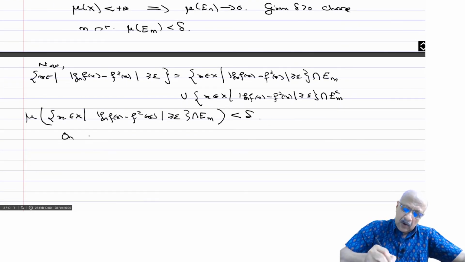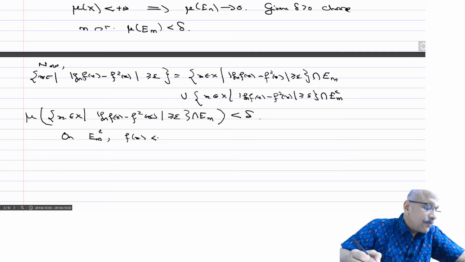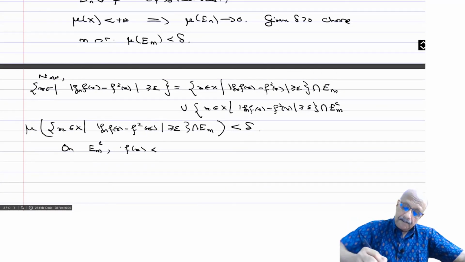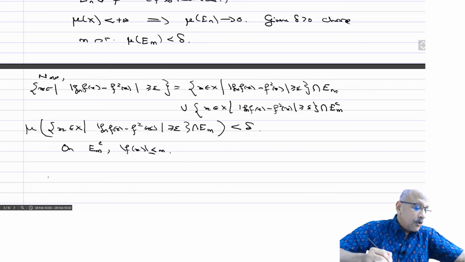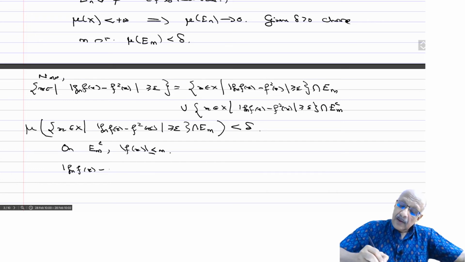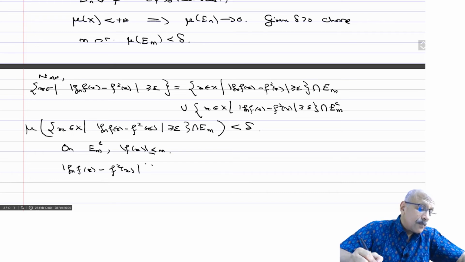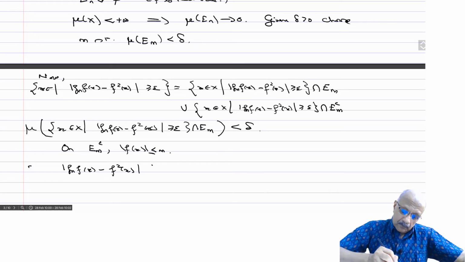Now on E_M complement, |f(x)| is less than or equal to M. Therefore you have |f_n f(x) − f²(x)|, which is less than or equal to, so epsilon less than or equal to that is the thing.